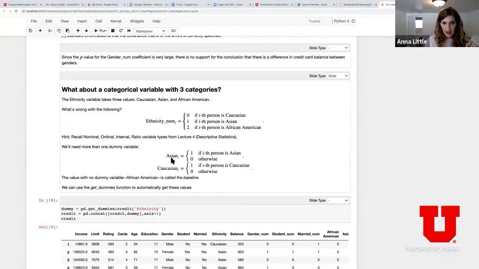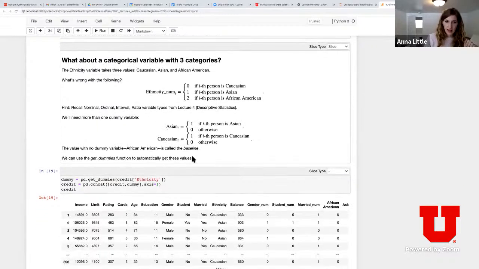So you can define a variable that is basically a yes, no on, is somebody Asian? 1 if the person is Asian, 0 otherwise, and likewise a yes, no for Caucasian. And then you only need 2 of these variables, because if there are 3 possibilities and it's 0 for Asian and 0 for Caucasian, then you can infer that it has to be African American.